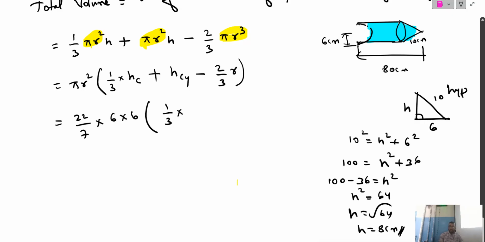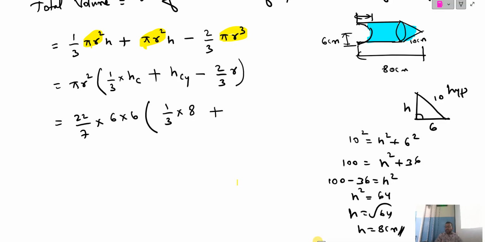We got the height of what? Cone. Now what is the height of cone? 8 centimeters. Height of cone we got. Plus height of cylinder. Now, see children, the radius of hemisphere and the height of hemisphere both are the same.